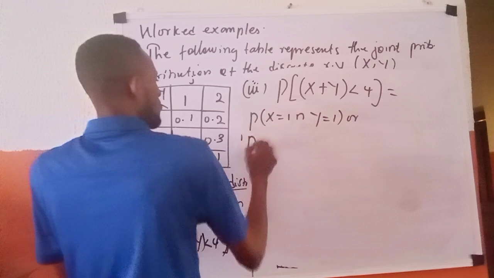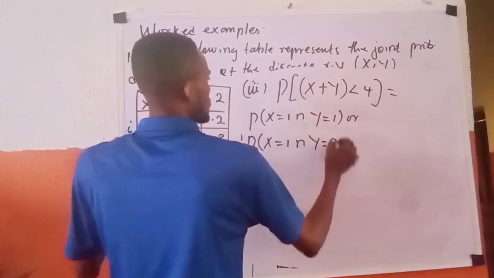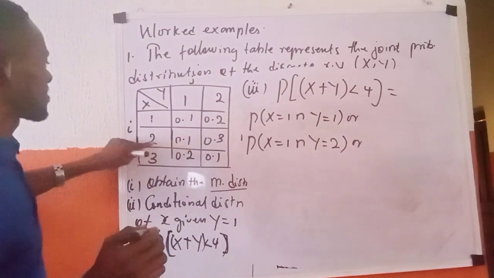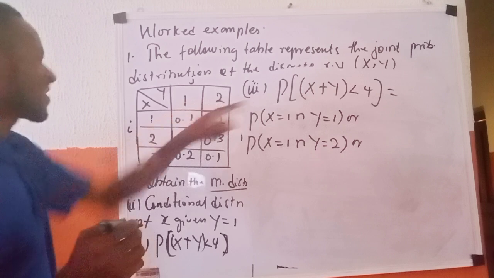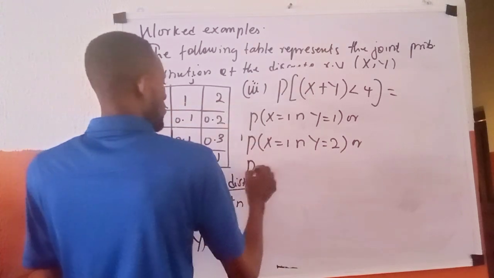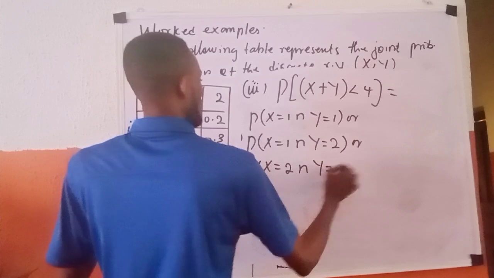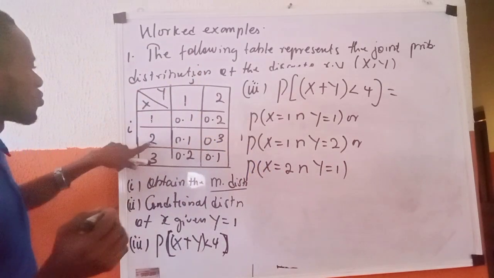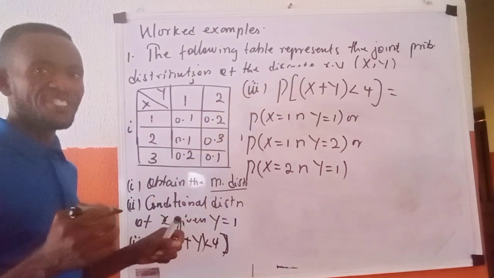So, or probably that x equals 1, intersection y equals 2. Or when you come here and you say this 2 plus this 1, it is still 3. So it is still less than 4. Or probably that x equals 2, intersection y equals 1. But when you come here and you say 2 plus 2, it will now be 4. So you won't reach there.